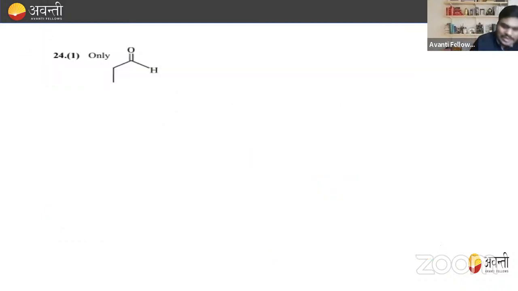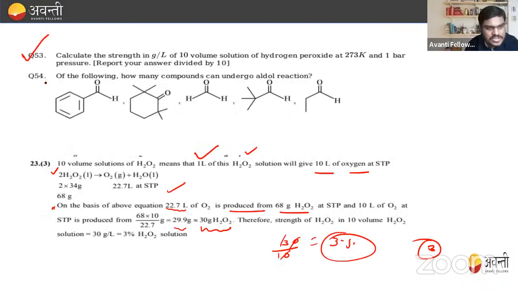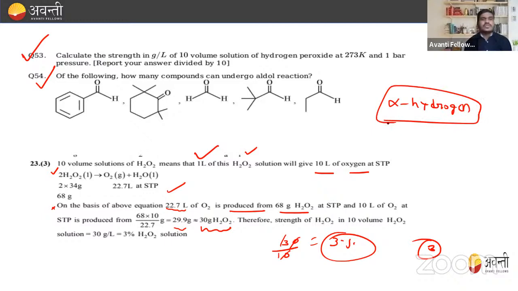Question number 54, right? What does question number 54 state, beta? According to question number 54, how many compounds can undergo aldol condensation? So what is the criteria to undergo aldol condensation, beta? Only having alpha hydrogen. So those having alpha hydrogen only undergo aldol condensation. Out of these, which have alpha hydrogen?